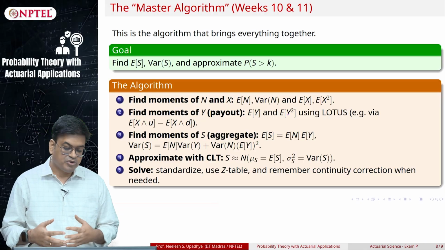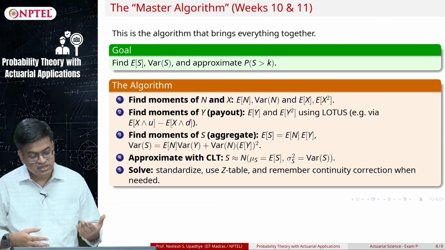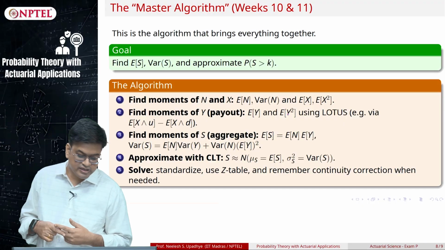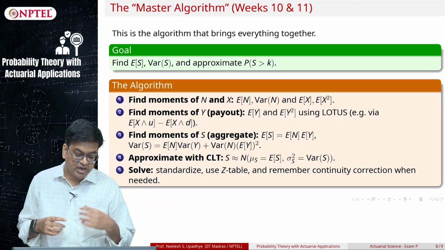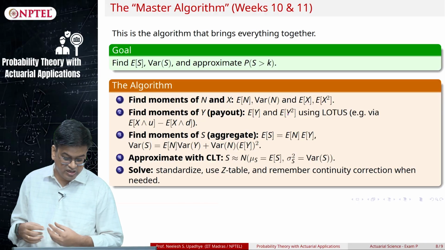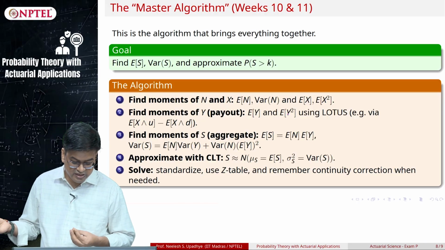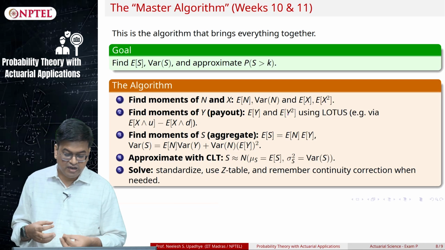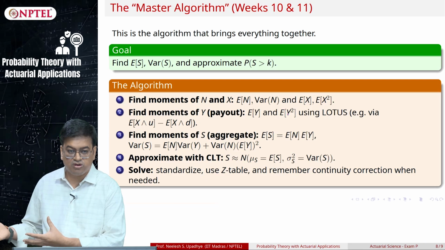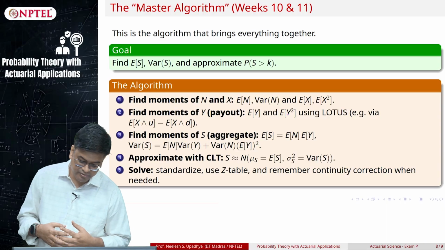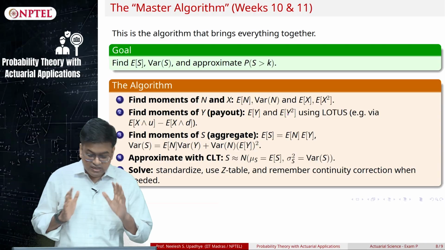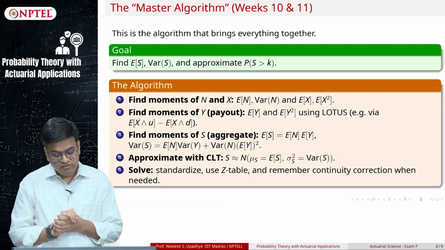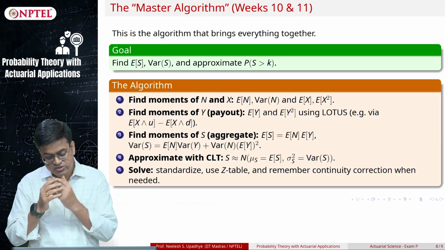Because of this approximation, you can easily compute probability of S greater than k by standardizing this random variable using this mean and variance which we have computed, and then after standardizing you can see the normal lookup table, which is called the Z table.